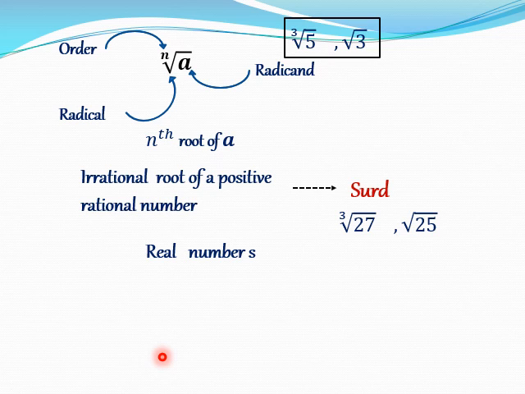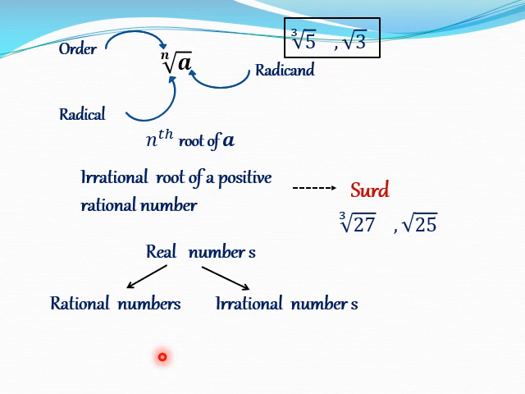Now let's look at the basic classification, how our real numbers are classified. They are classified into two types. The first one is rational numbers and the other one are irrational numbers. Within irrational numbers, we have numbers like cube root of 7, square root of 2 and square root of 5. And another special section of irrational numbers are pi and e.